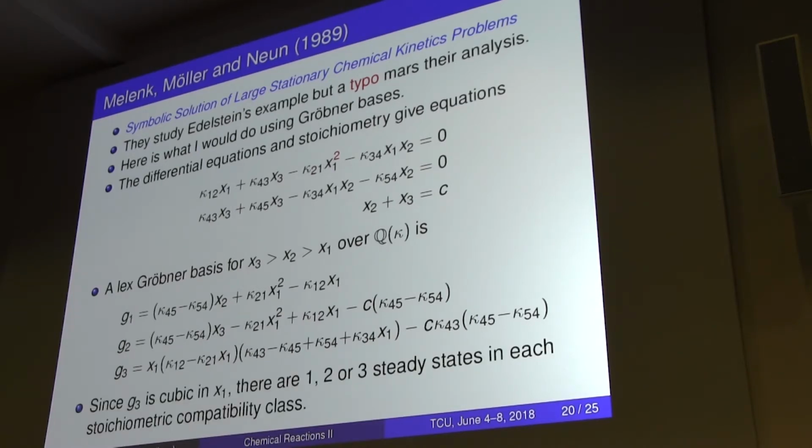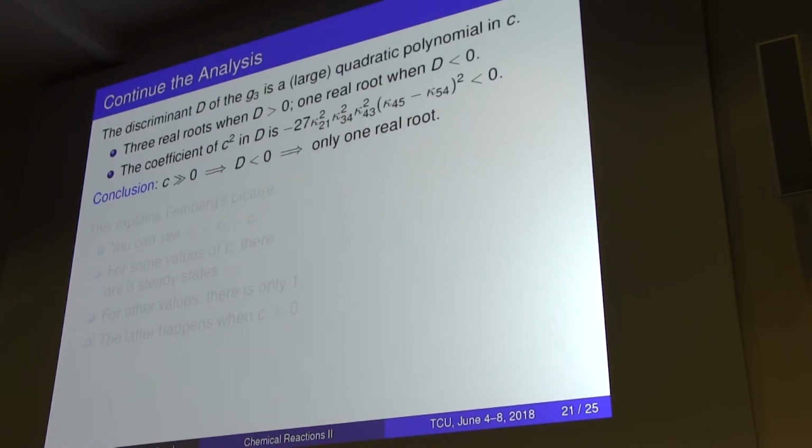The discriminant of this is going to be a quadratic polynomial in C. Of course, when the discriminant is positive, I have 3 real roots. When the discriminant is negative, it has 1 real root. If I look at the coefficient of c squared, indeed, the coefficient is negative. So that says that when c is really large, my discriminant's going to be negative, so there's only one real root.